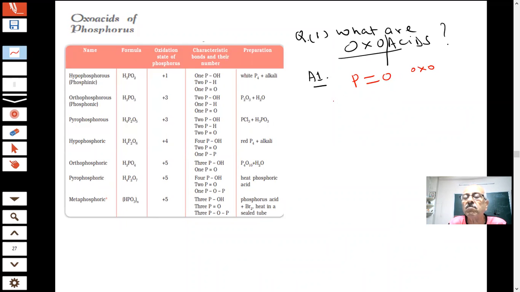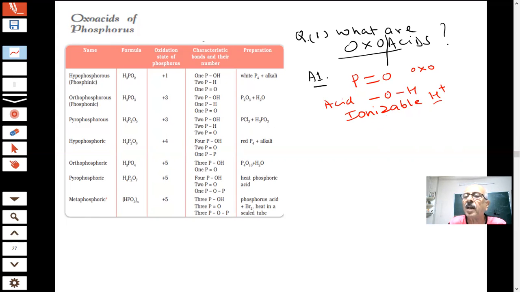Acid: there has to be an ionizable hydrogen, H plus. When will it ionize? Only if there is an electronegative element with hydrogen.